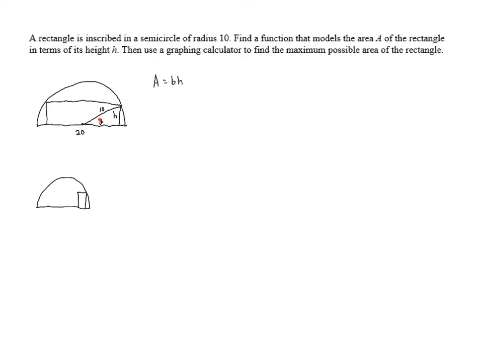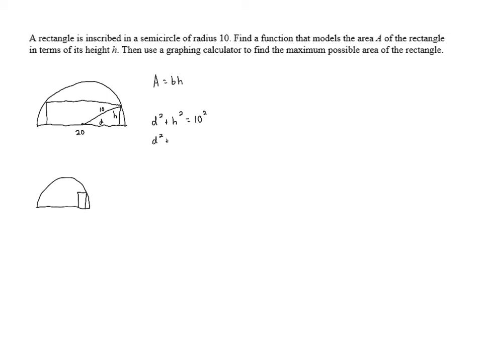I don't want to call it b for the base of the triangle because we're using b to refer to the base of the whole rectangle. So let's call that d, and then using the Pythagorean theorem, we've got d squared plus h squared equals 10 squared. And we can use this to solve for that d in terms of h and 10.